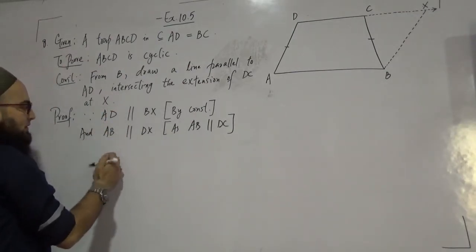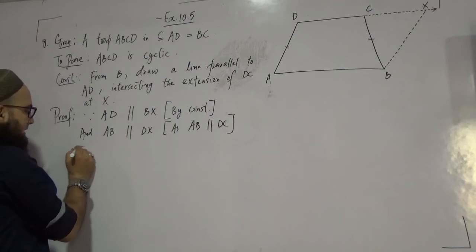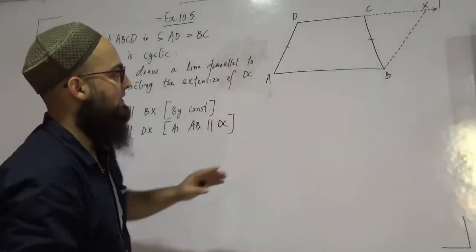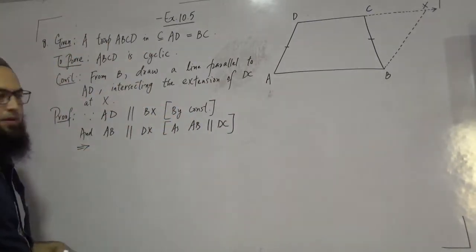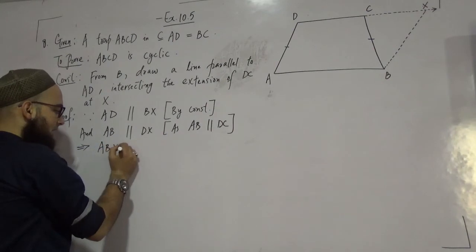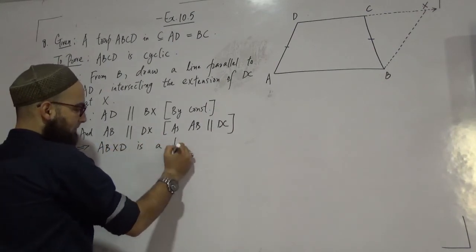Now from this and this, what you get? AB is parallel to DX and AD is parallel to BX. That means both the opposite pairs are parallel. That means ABXD is a parallelogram.